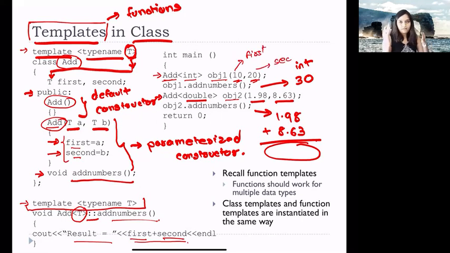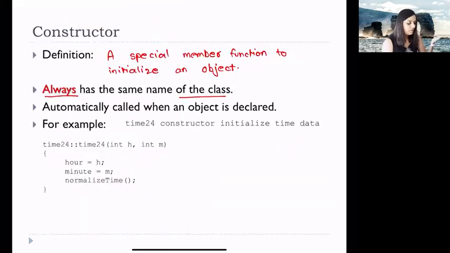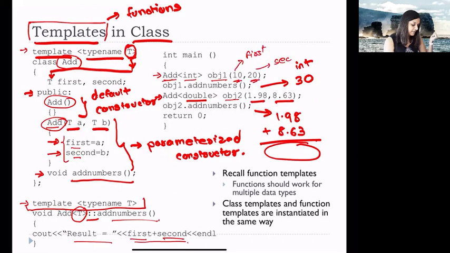It is correlating the arguments with the variable names within the constructor. So a constructor is automatically called when an object of that class is declared, while functions you have to call explicitly, like here, where we call object one dot add numbers or object two dot add numbers.